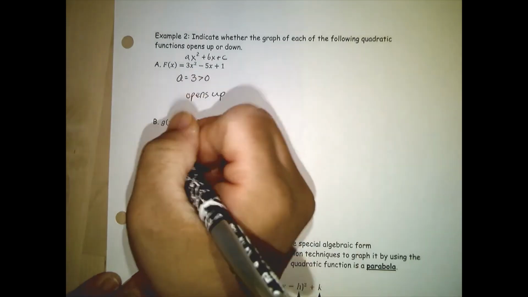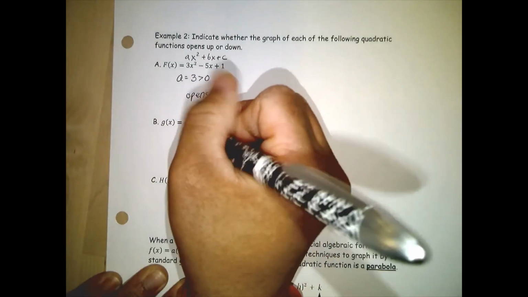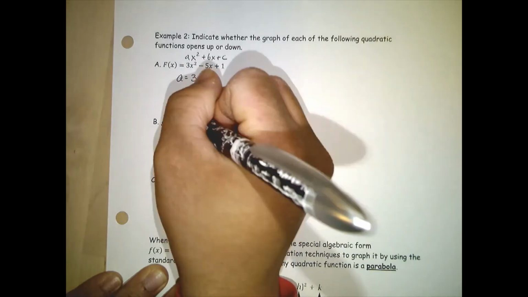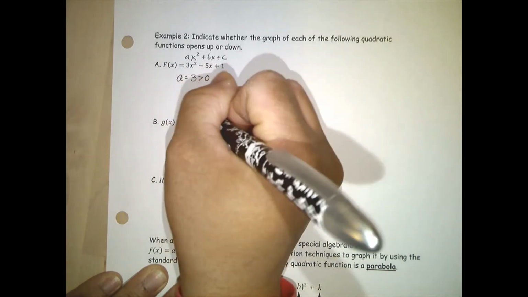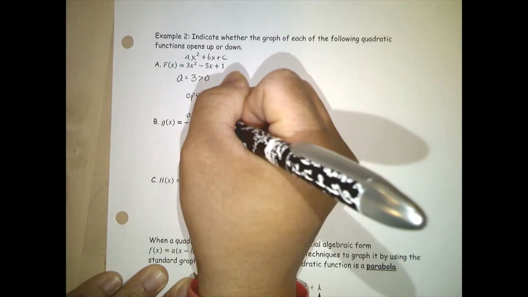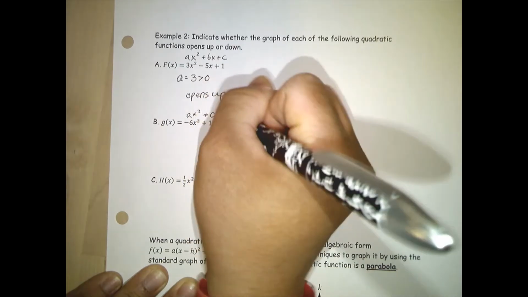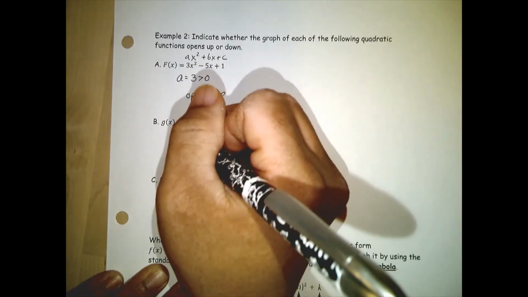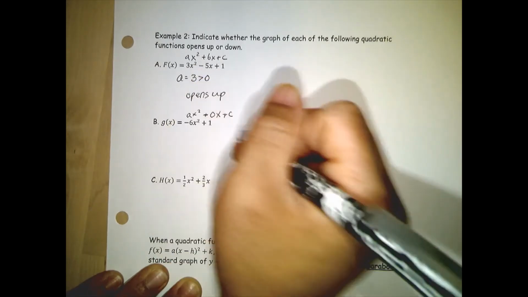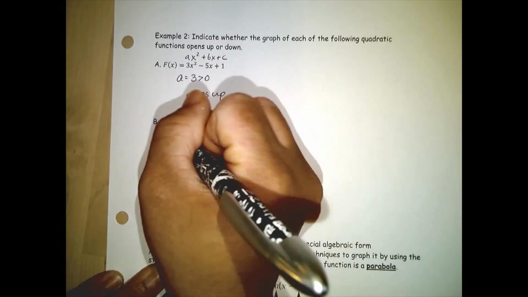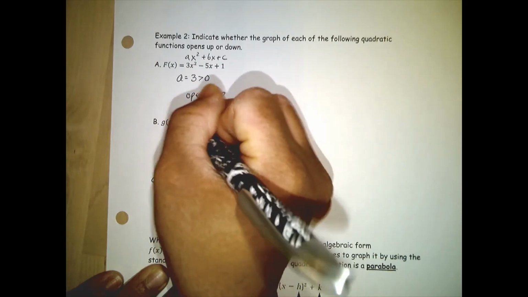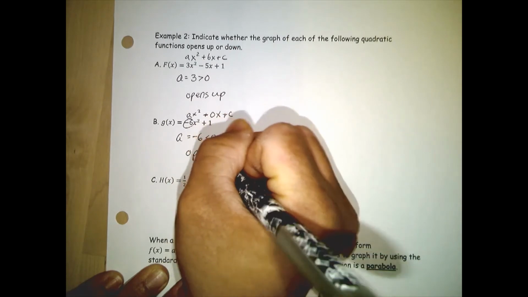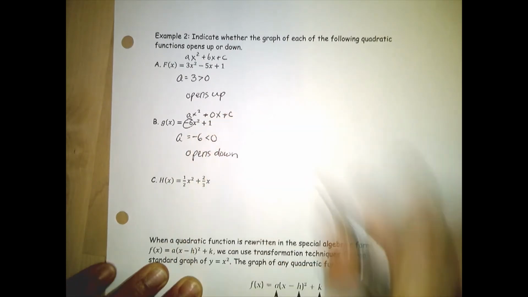Alright, here is g of x equals negative 6x squared plus 1, so this is in the form of ax squared plus 0x plus c. Just remember the a cannot be 0, but the b could be 0. And a is negative 6, which is less than 0, so this opens down.